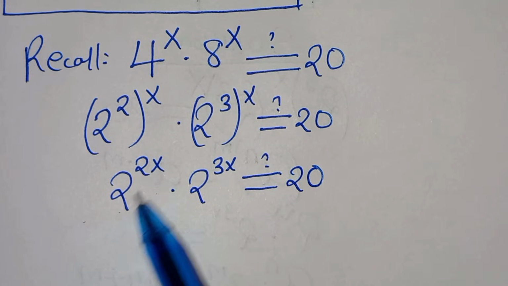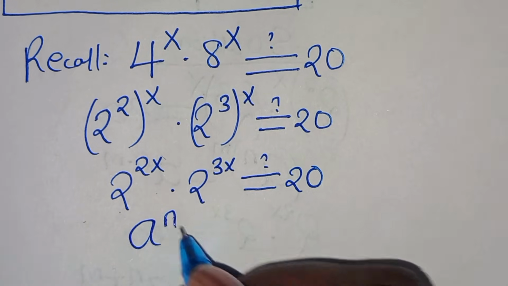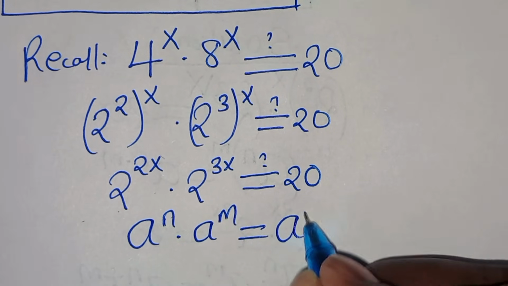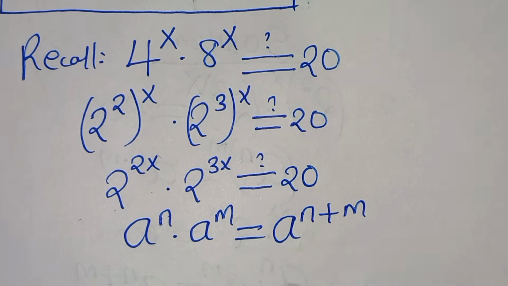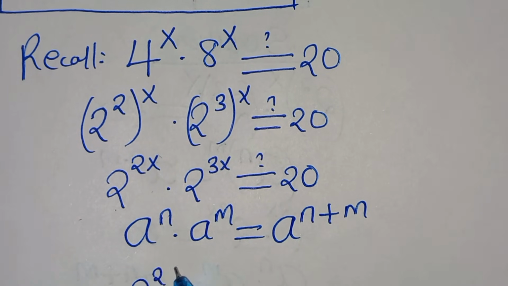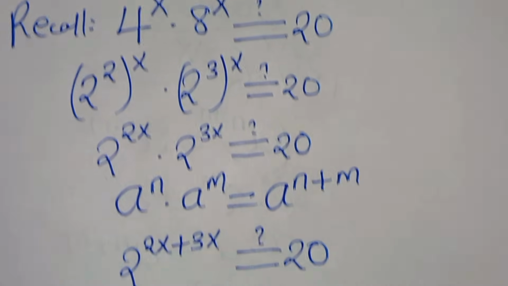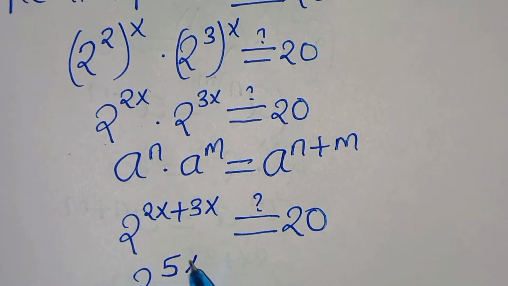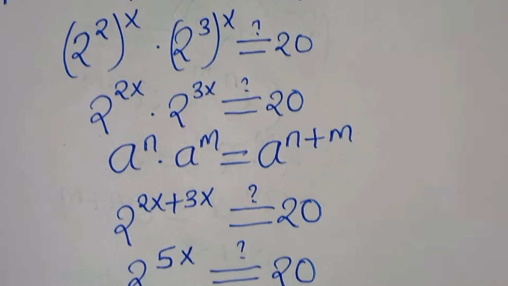Now, 2 to the power of 2x times 2 to the power of 3x is in the form of a to the power of n times a to the power of m, which we can express as a to the power of n plus m. Applying this exponent property, we have 2 to the power of 2x plus 3x, which is 2 to the power of 5x, supposed to give us a value of 20.